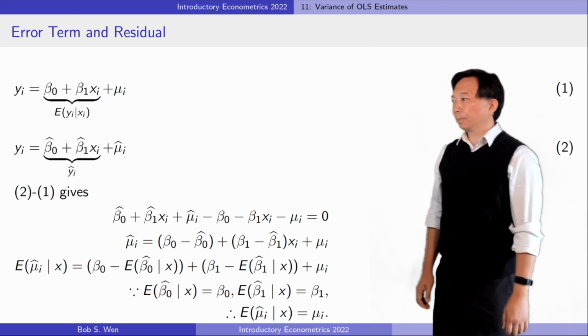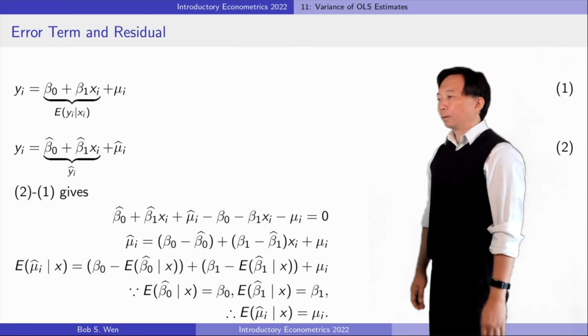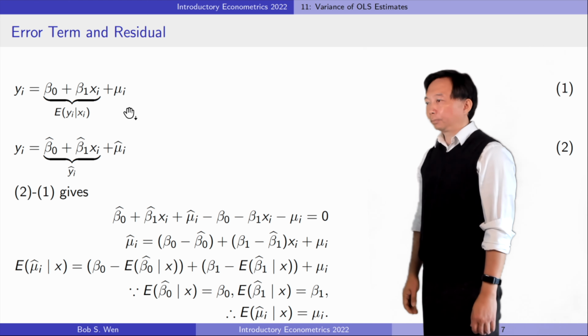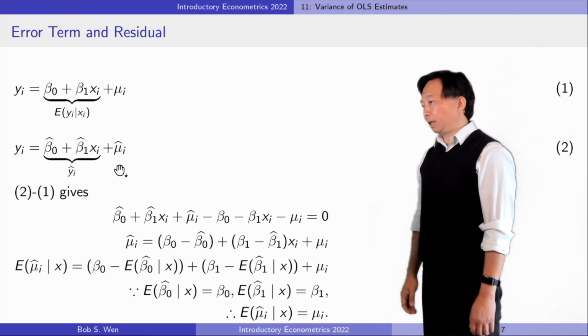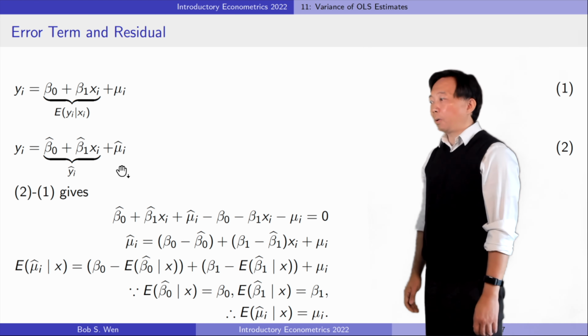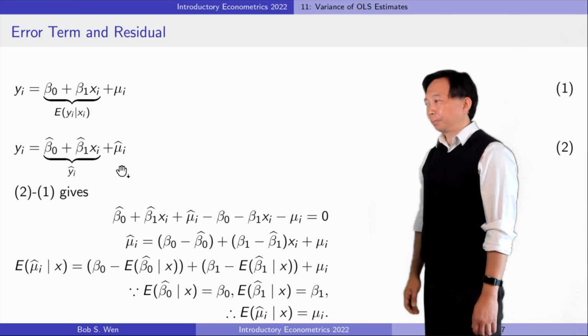We can write the outcome variable in terms of the population relationship with x and the error term. We can also write y in terms of the fitted value and the residual after OLS estimation.